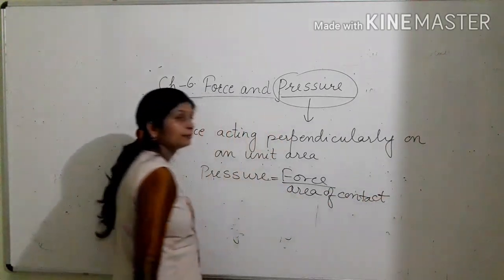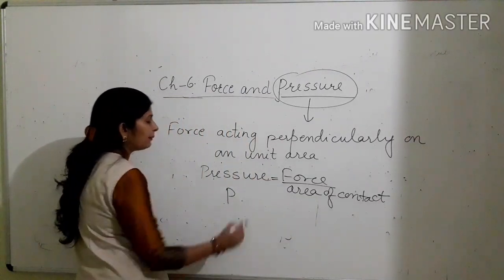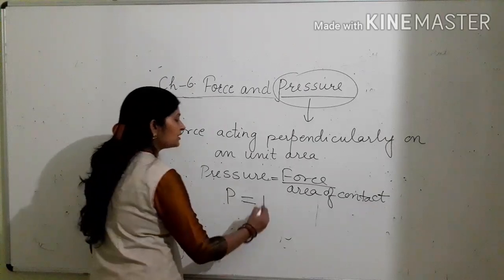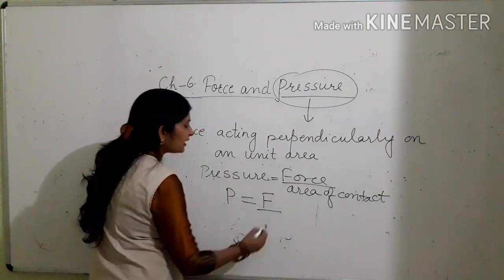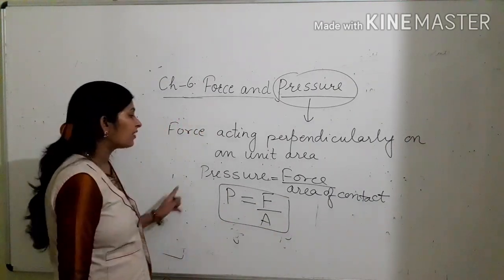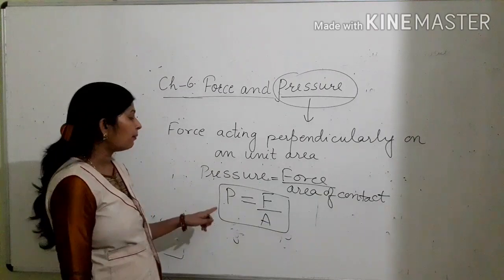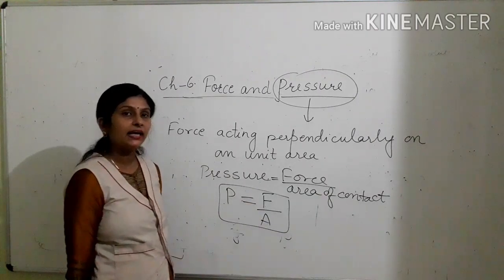Both are the same. Pressure is denoted with capital P, force is denoted with capital F, and area of contact is denoted with capital A. So we can write this formula symbolically as P is equal to F upon A.